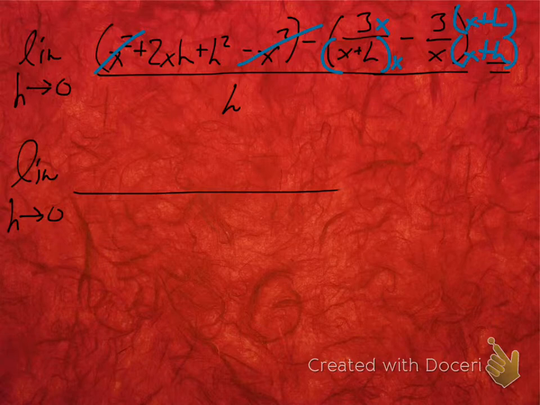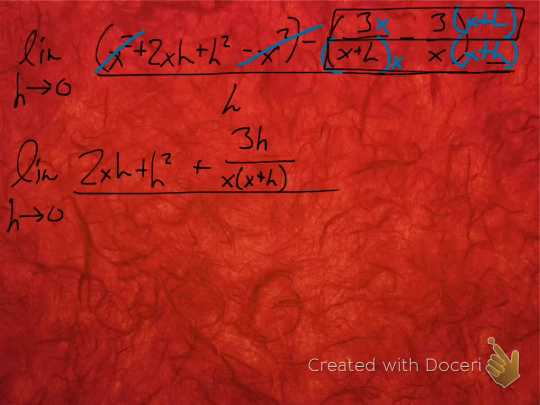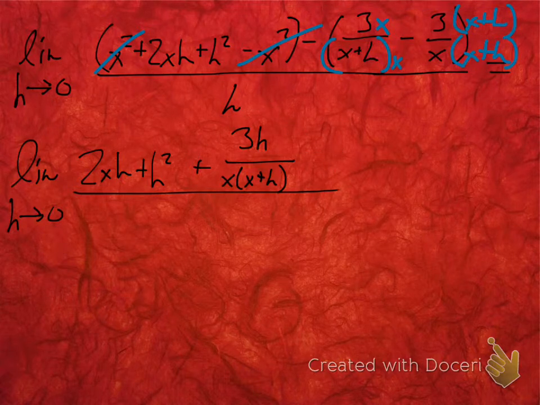What this is going to give us, once again skipping a few algebraic steps here, is 2xh plus h squared plus 3, over, and watch closely here, 3h over x times x plus h. Look at what we did. It's this multiplication up here, and this multiplication down here, giving us this brand new rational. Nothing tricky at all. So all of this, of course, is still just going to be over h.